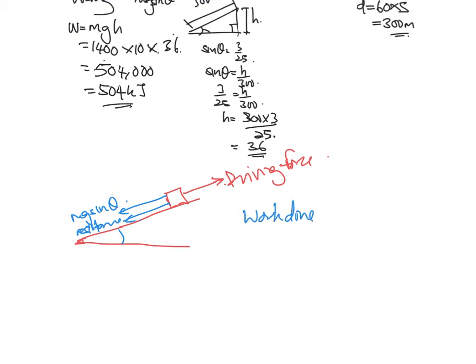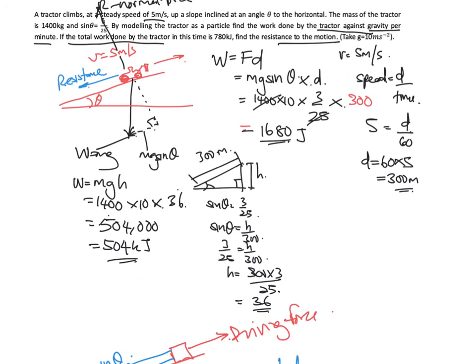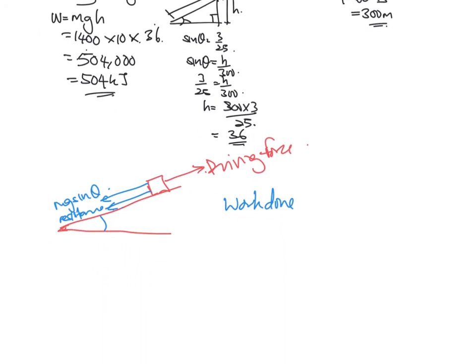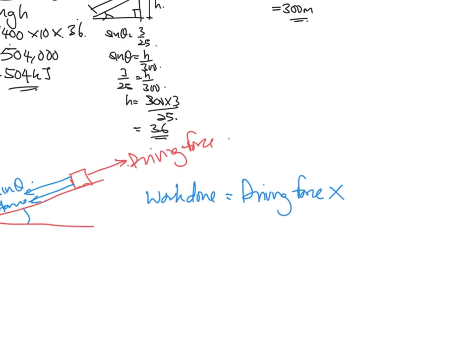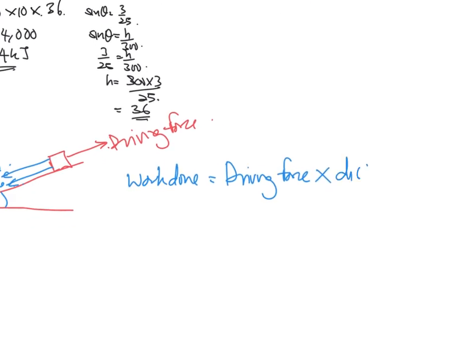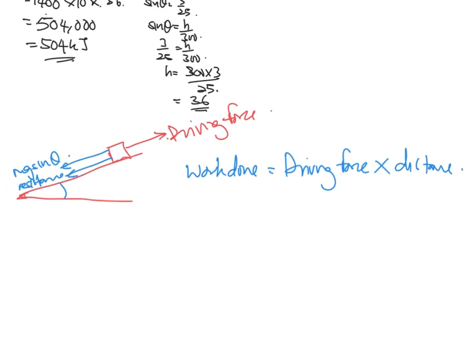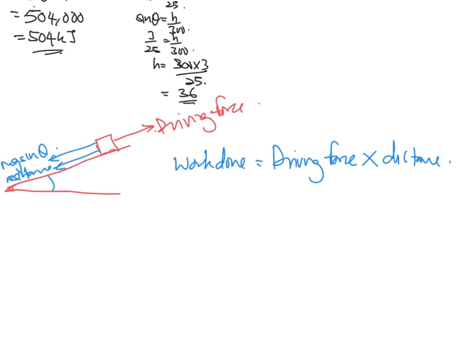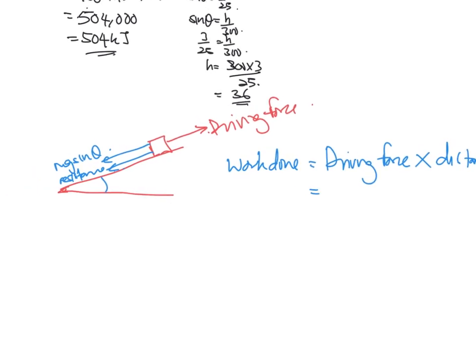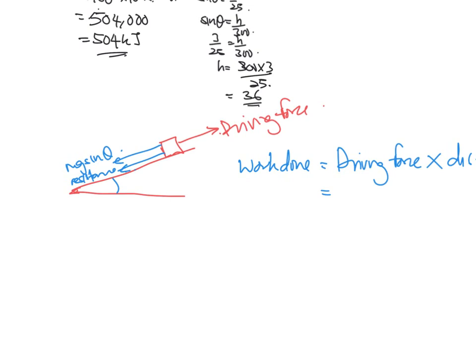So in this question, for the work done, I need to consider the driving force, and then multiply by the distance traveled. We already know the distance traveled, but what is the driving force? The driving force is what's forward, equal to what's at the back.